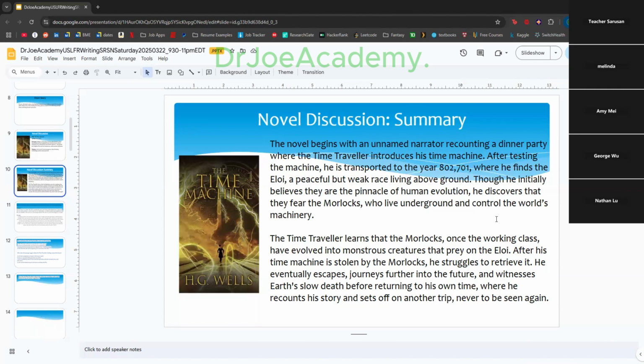The time traveler learns that the Morlocks, once the working class, have evolved into monstrous creatures that prey on the Eloi. After his time machine is stolen by the Morlocks, he struggles to retrieve it. He eventually escapes, journeys further into the future, and witnesses Earth's slow death before returning to his own time, where he recounts his story and sets off on another trip, never to be seen again.